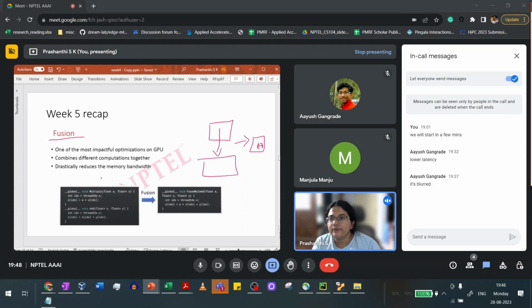XLA also does that, and like the name says, it combines different computations together. As a result, memory bandwidth is reduced. You can see an example here, a multiply and add written as a MAC, because each time you have something like this, there is additional bandwidth that comes into play.